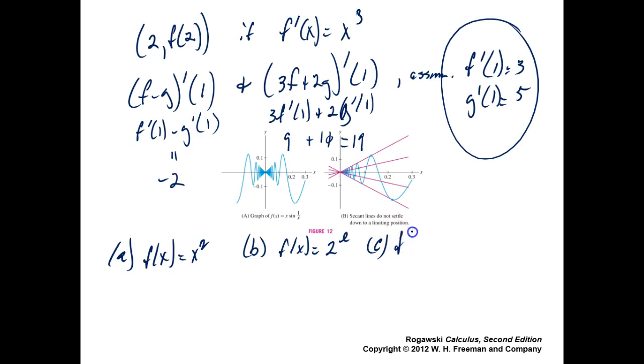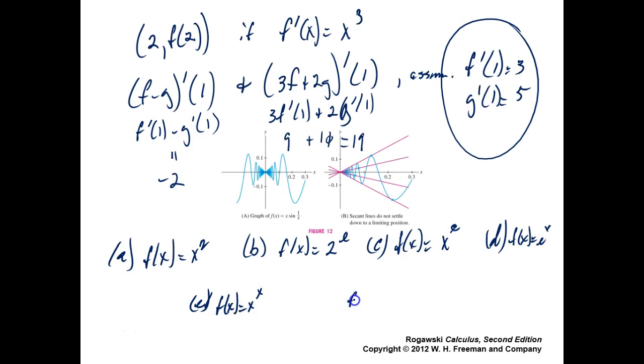f of x is equal to x to the e. D will be f of x equal e to the x. E will be f of x is equal to x to the x.